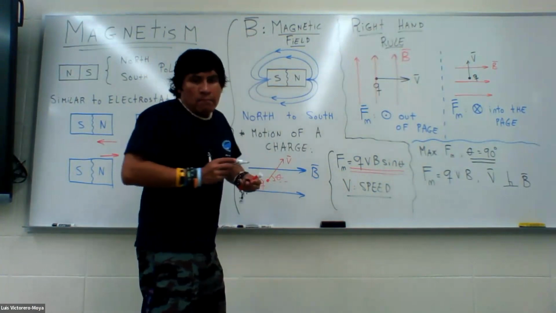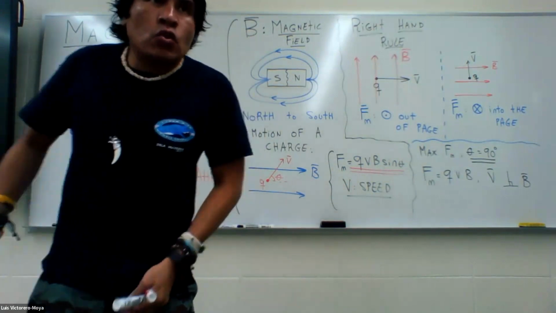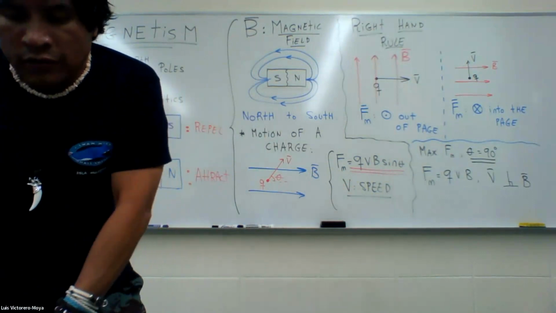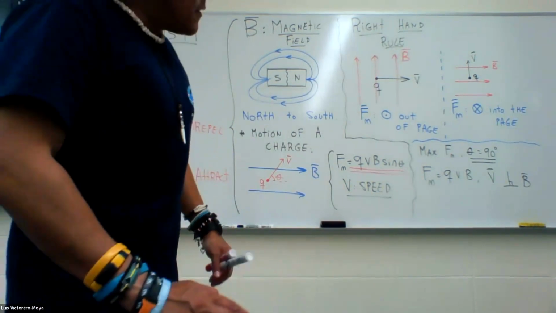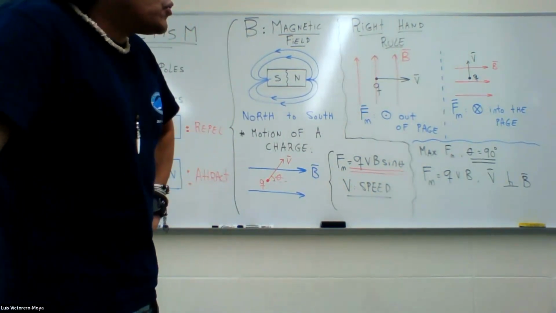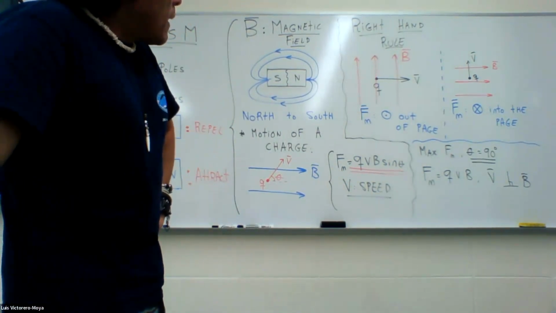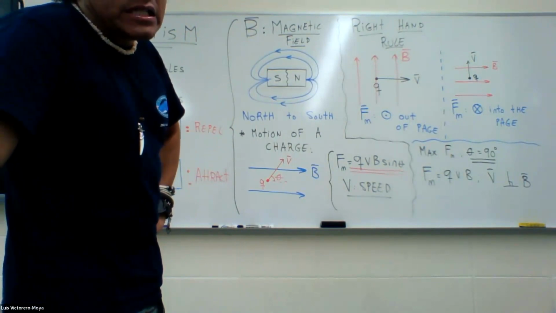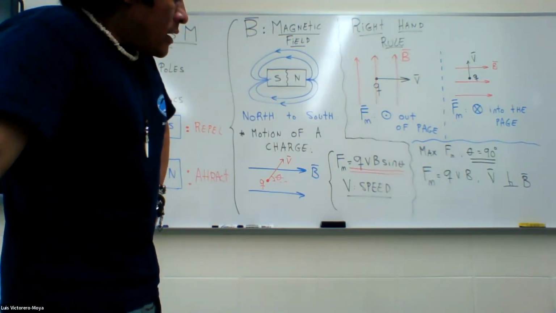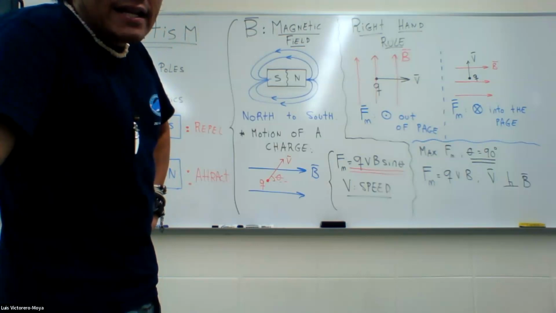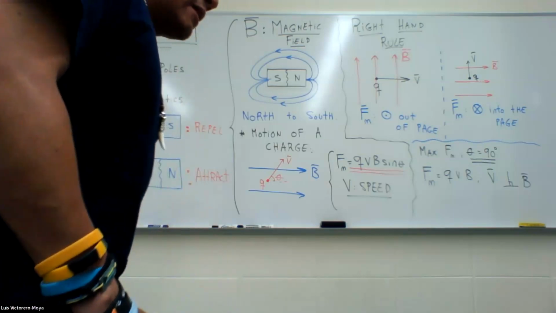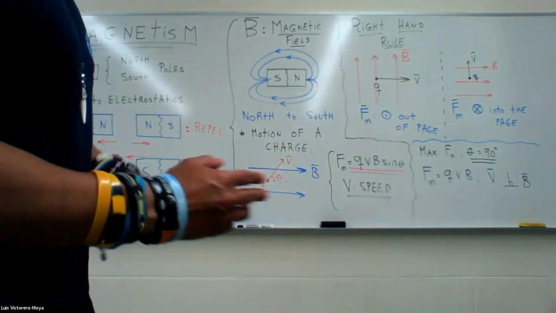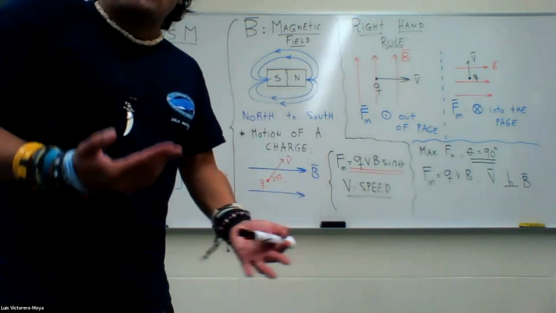We don't use M because M is used to label the value of a mass, but in magnetism, M is actually used to label the magnetic property of materials. So in chemistry, I believe you talk a little bit about this when you're talking about polar molecules, but we have different materials according to their magnetic properties.